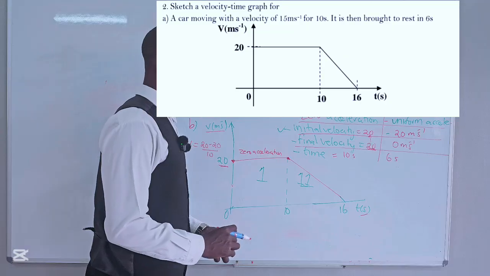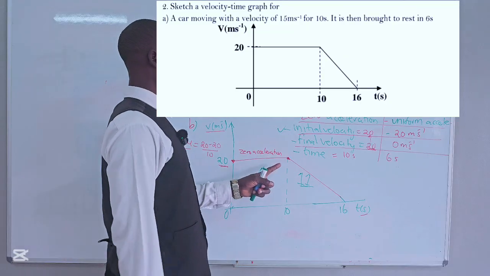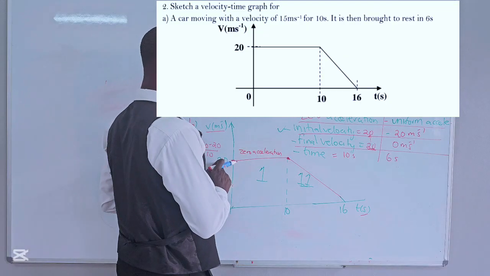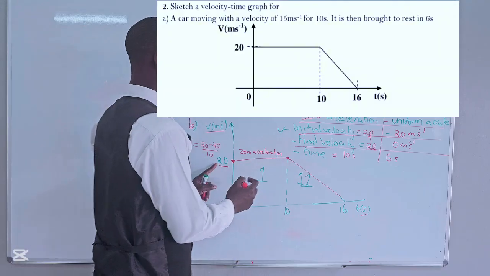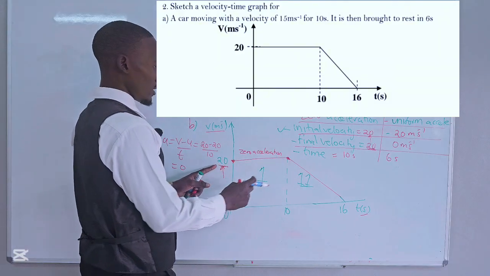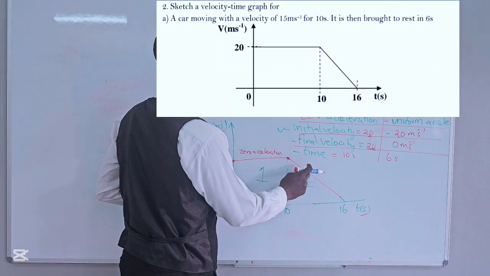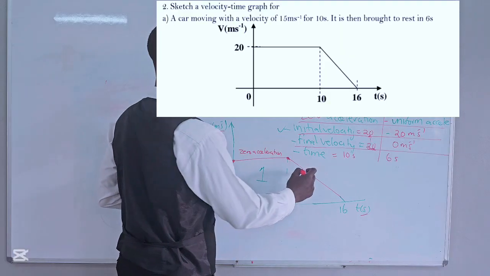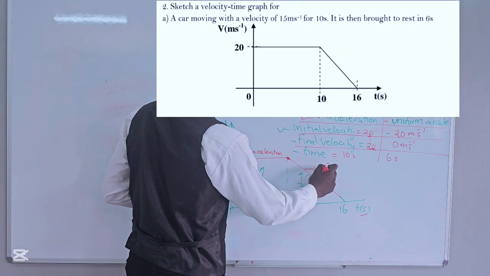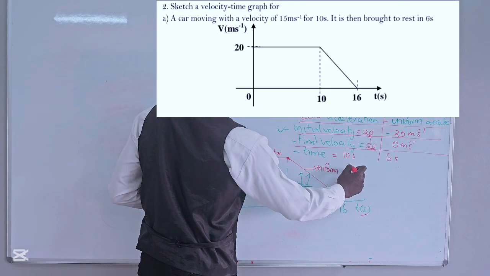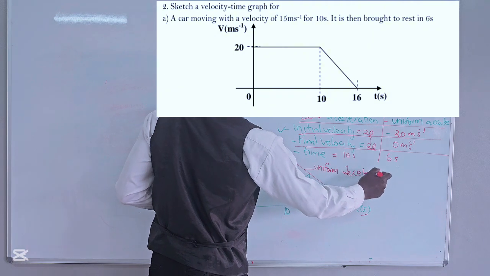How about part 2? For part 2, it starts at 20 meters per second. This is where it starts from. And then it decelerates uniformly. This is a uniform deceleration. Why?